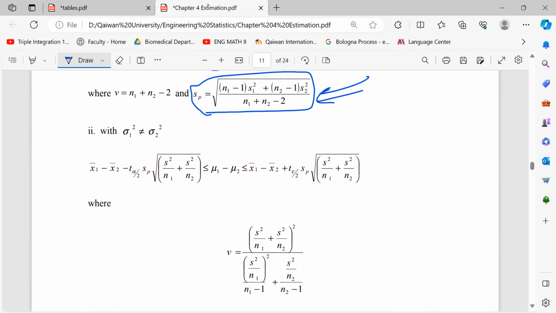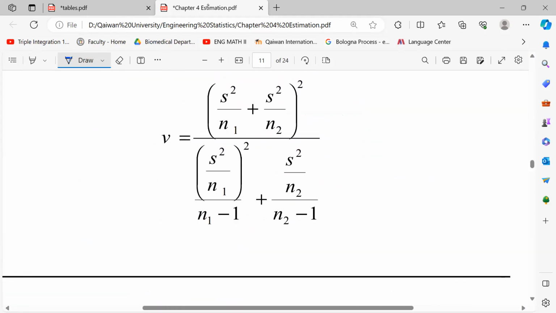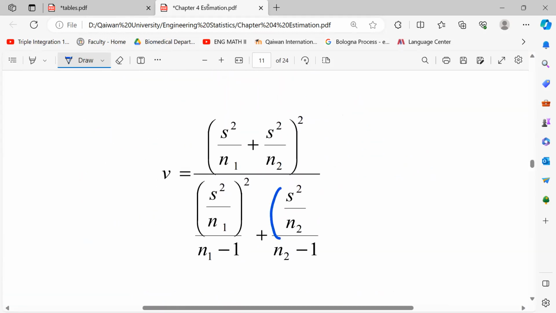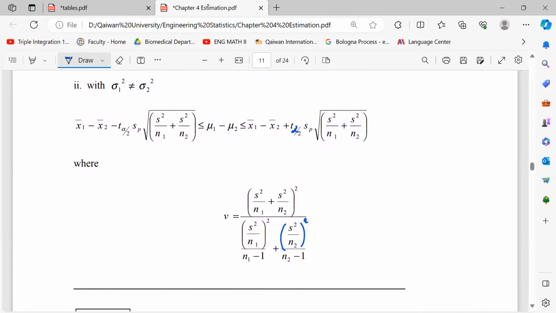That's it. It's also alpha. And here, this is to the power 2. This is V. V is the degree of freedom. For what? In the T table, we need it.